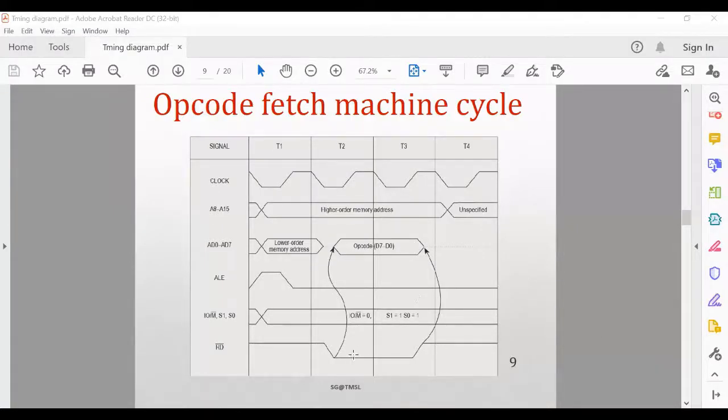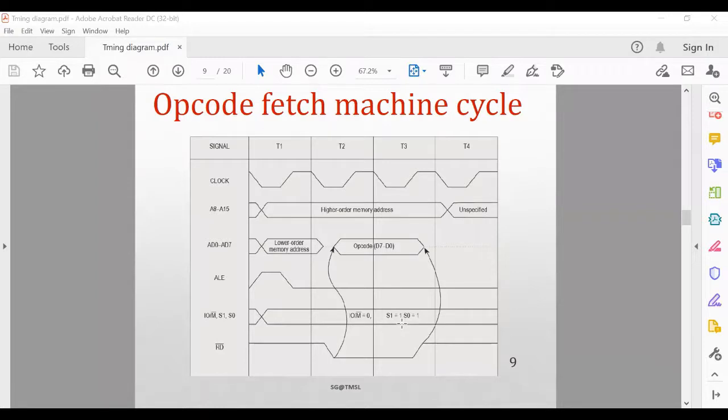Okay, so you can see it from here that this is the opcode fetch machine cycle. So at the opcode fetch machine cycle, what will be the combinations of these three signals? It will be 0 1 1. That's why it is written in this way.